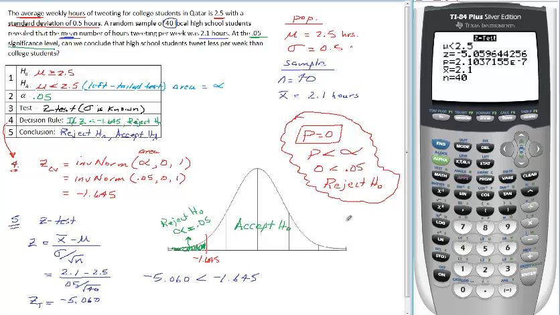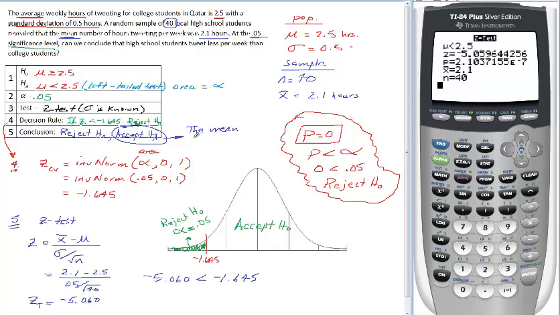Now, last thing to do is make a little conclusion in words. So when you say accept HA, what does that mean? I'm going back to here. I'm just going to write a little conclusion in words here now before we finish off. What does accept HA mean? Well, accept HA means that the mean number of hours tweeting is less, right? So we can conclude something general like this.